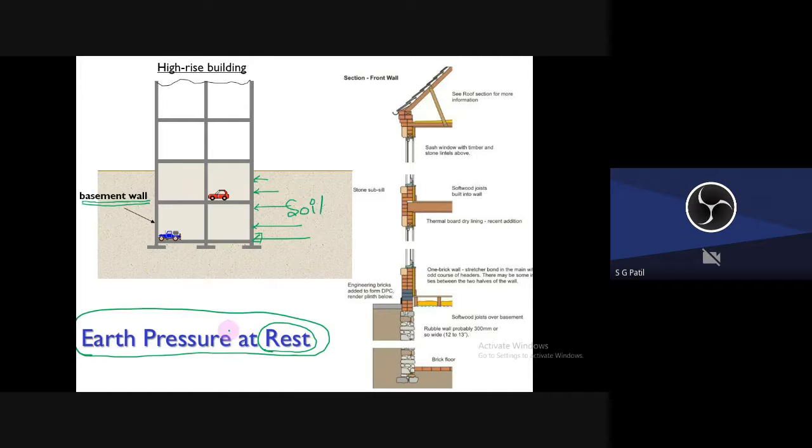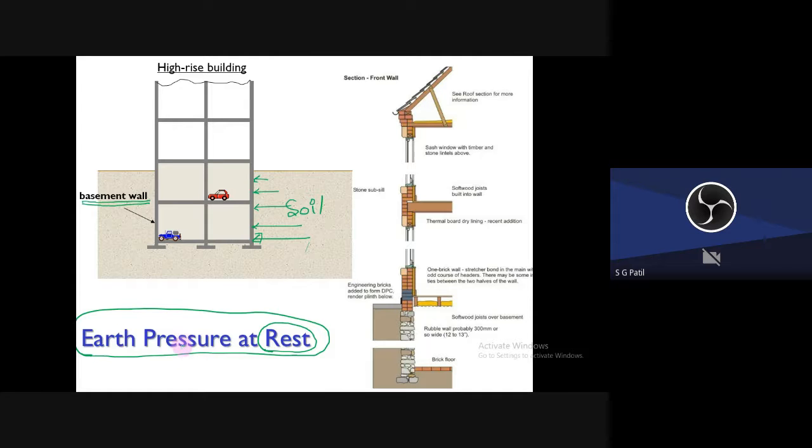Why should I design it so? Because in my previous slide I explained to you, if you design any wall for the earth pressure at rest condition, then the cross section of these walls will become huge as compared to active earth pressure. So why can't I design this wall for the active earth pressure, so that I can save money?